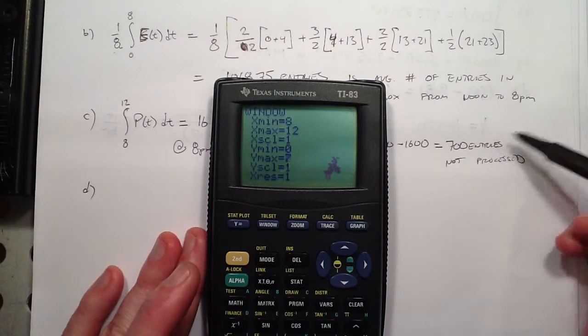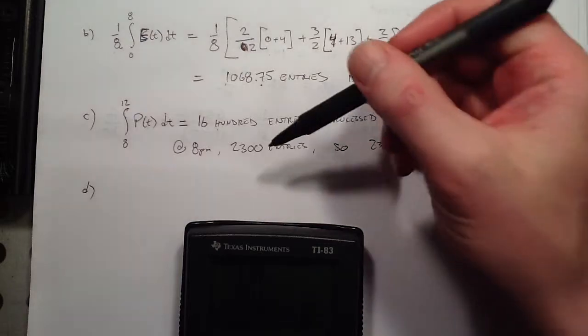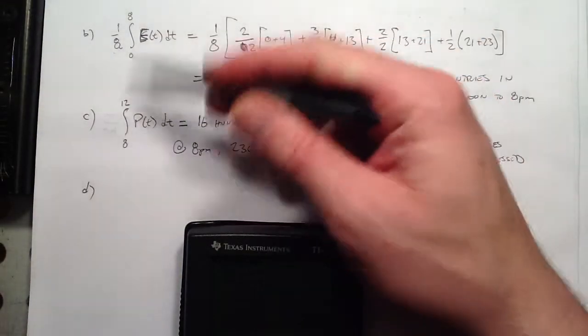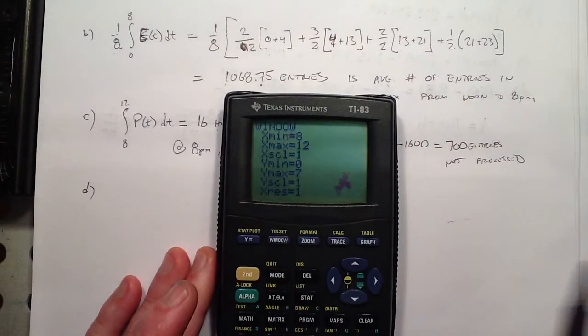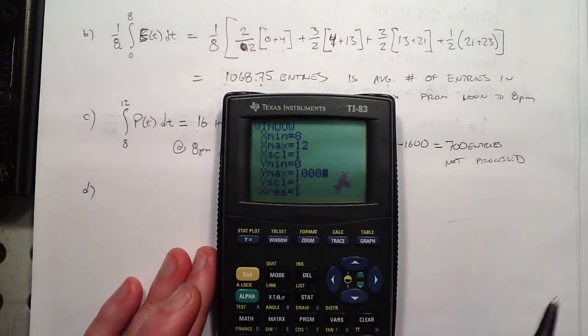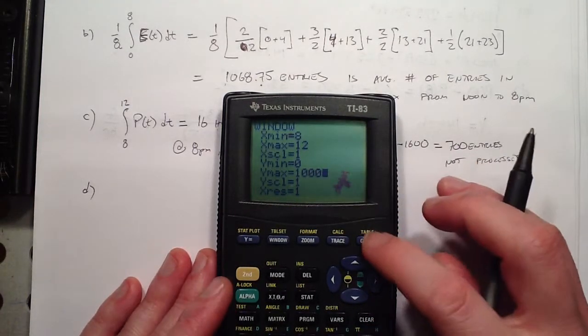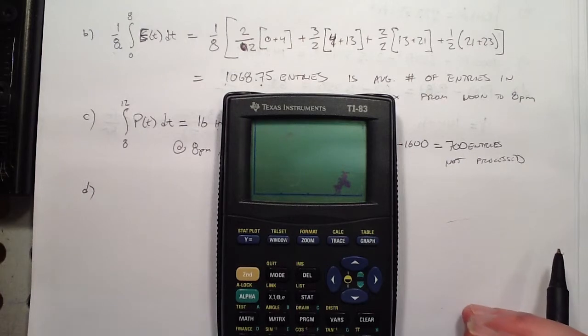so I'm going to set that at like entries per hour. Well, let's see, they did 2,300 entries in 4 hours, so maybe 1,000 might not be a bad choice. If you set that too low and the graph goes off, you can always just reset it.